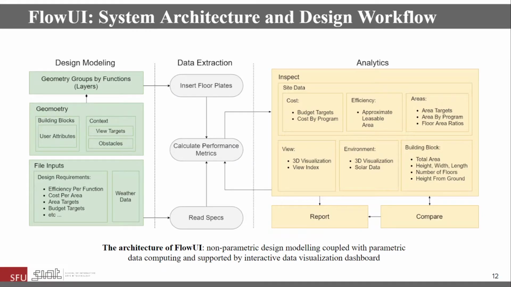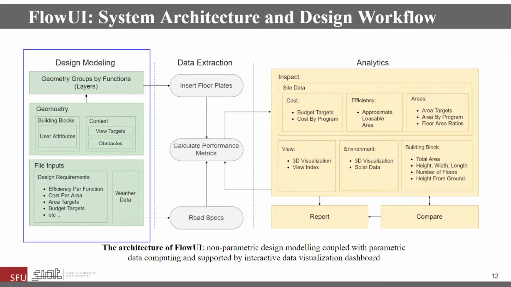So here you can see the system architecture of FlowUI, which is built on 3 functional modules: design modeling, data extraction, and design performance analytics. The design exploration task workflow starts with creating design models as non-parametric geometries by using a directly interactive CAD tool like Rhino.